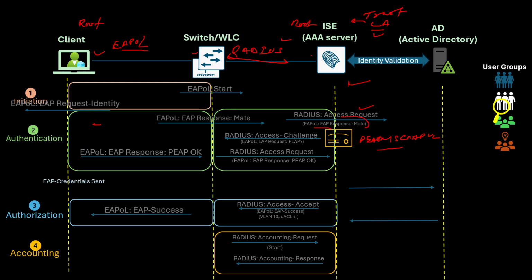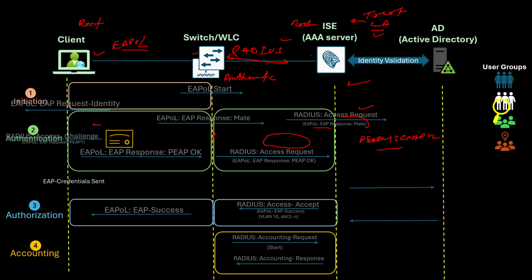After that, the first packet is received by Cisco ISE, then the challenge will be sent to the switch. Along with that, it will also send which protocol you want to use. Here, in the EAP request, this is a request message going back to the client. On this point, the switch, which is the authenticator, does encapsulation and decapsulation.